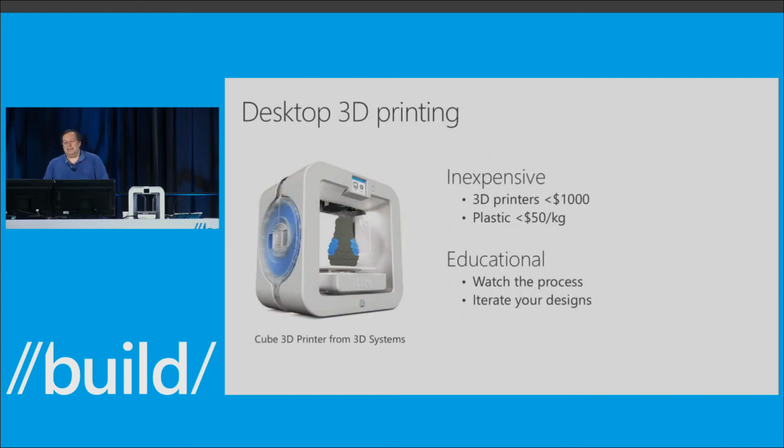I'm going to break this down into two parts, because we have the desktop things that are going on, and then we have additive manufacturing, which is going on in the industry. So desktop printers, as you see here, this is a Cube 3 by 3D Systems. It's under $1,000. The plastic is relatively inexpensive, 50 bucks a kilogram.